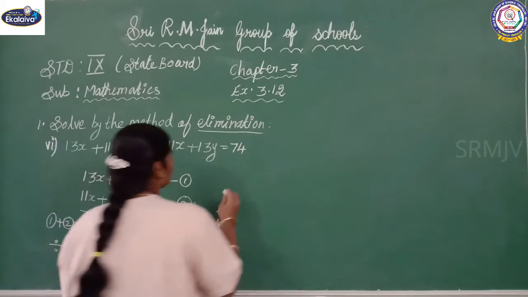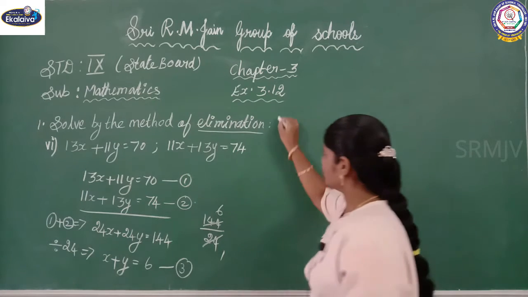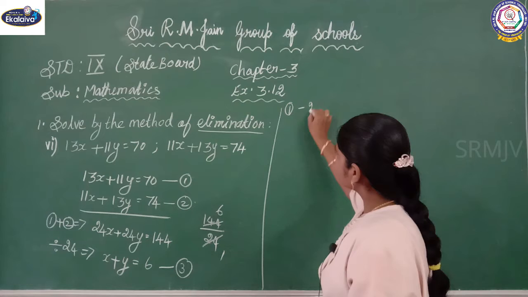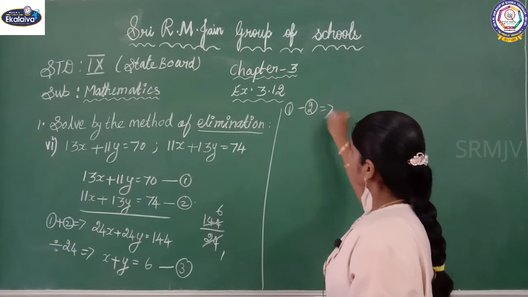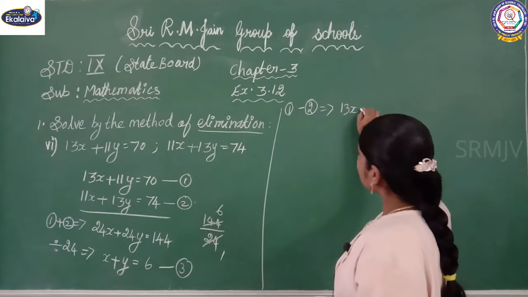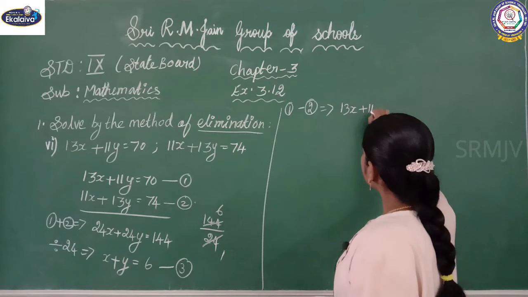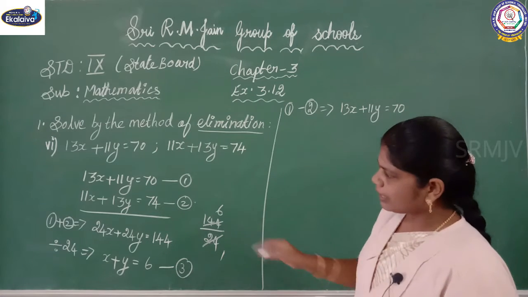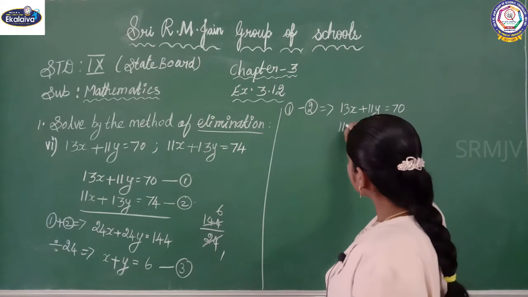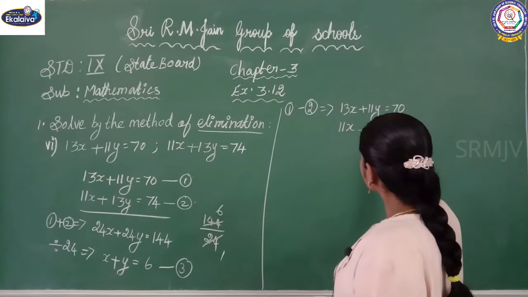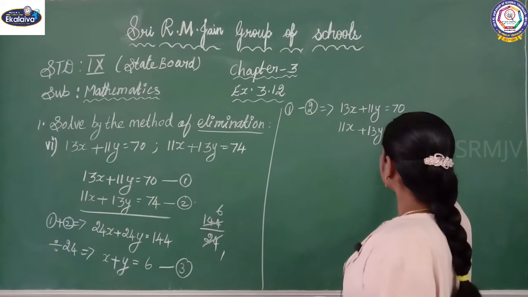Next I am going to subtract the equations, so 1 minus 2. Write the first equation, 13x plus 11y equal to 70. Second equation, 11x plus 13y equal to 74.